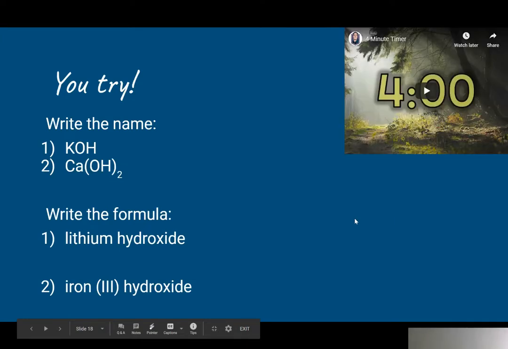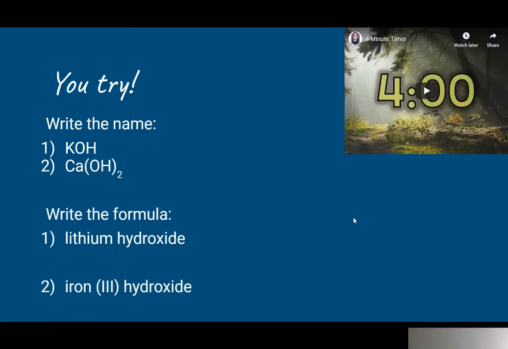So you guys are going to try writing the name for those two bases and then writing the formula for those two.